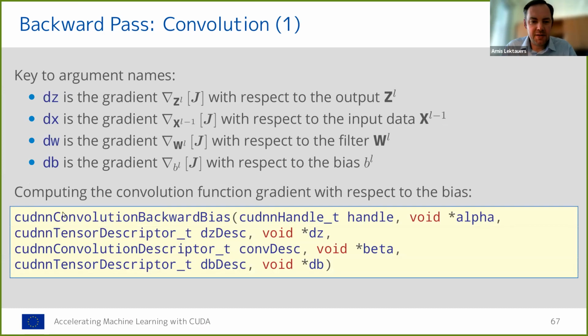For backward pass, there are three functions for backward gradient calculation of biases, of weights or filters, as well as for the actual data.